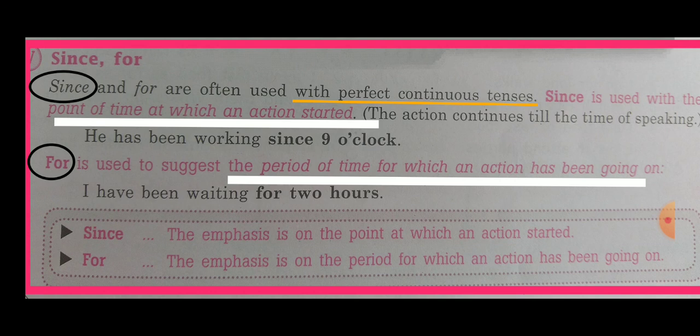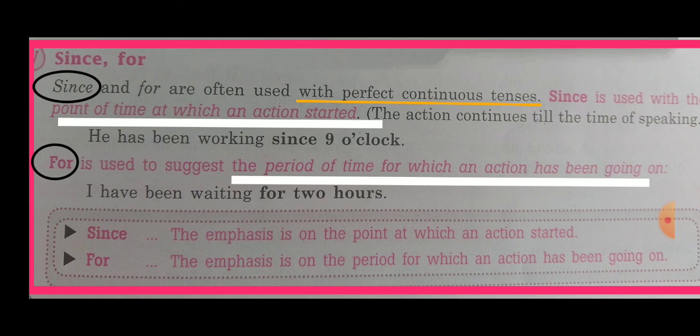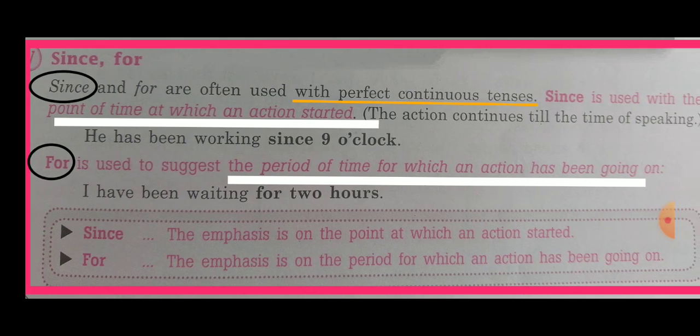Since is used with the point of time at which one action started, and for is used for the period of time. Point of time, like 9 o'clock. So here we will use since. He has been working since 9 o'clock. So here we have the definite point of time.